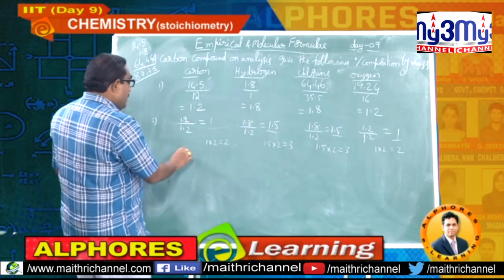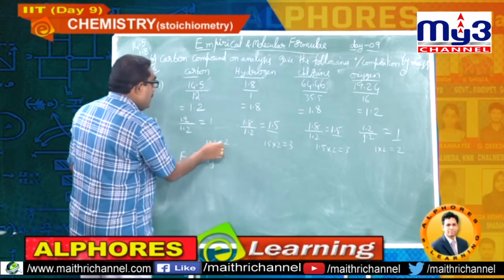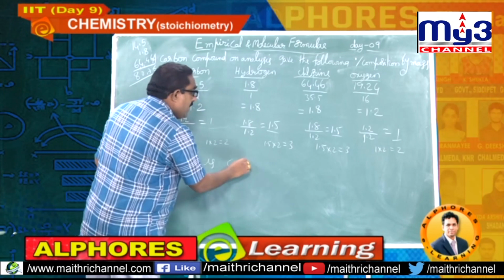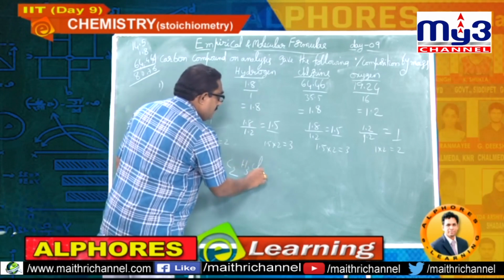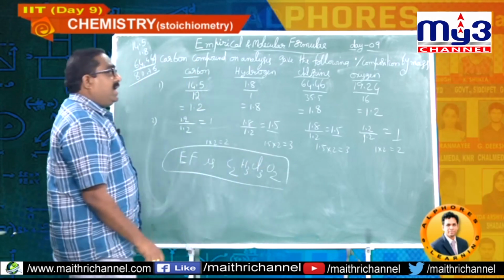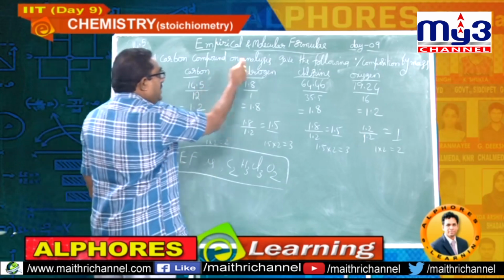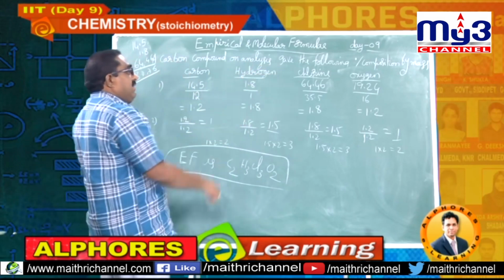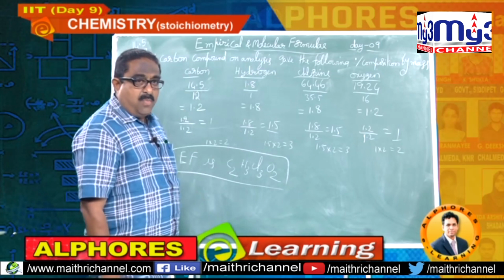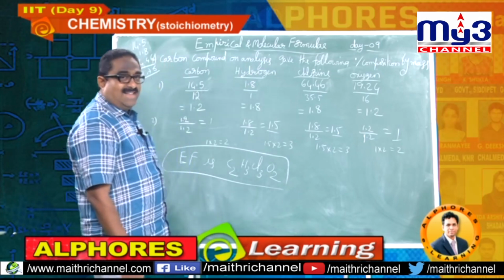So, now you can simply write the empirical formula is for carbons 2, for hydrogen 3, for chlorine 3, for oxygen 2. So, this is the final answer of empirical formula of this compound based on the given percentage composition by mass. Okay, students, you please note it down.